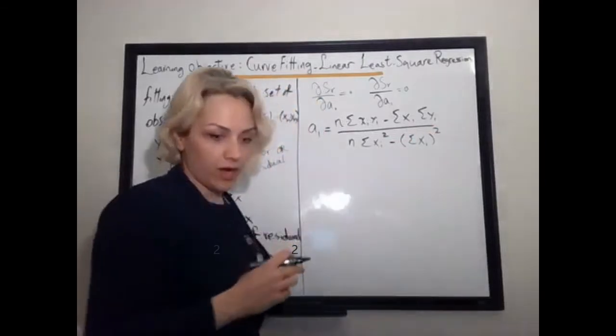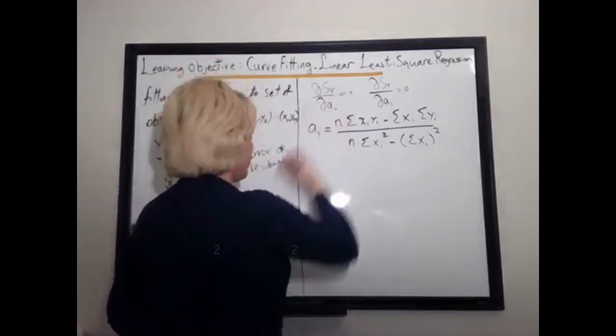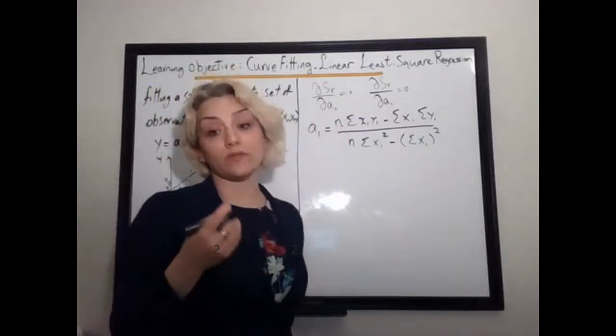So that's the a1 when we get the partial derivative, equal it to 0 and solve the system.